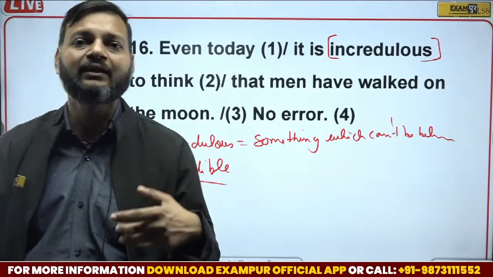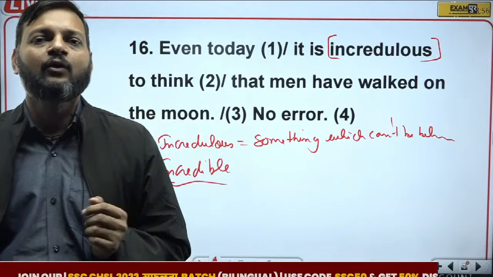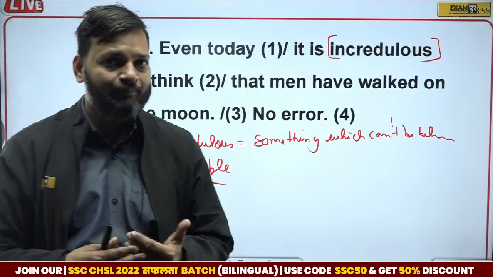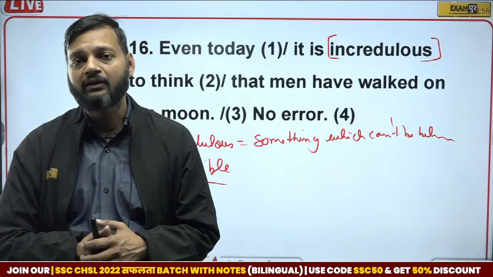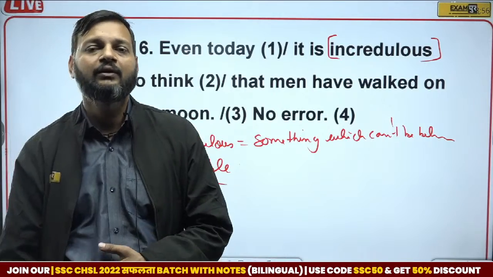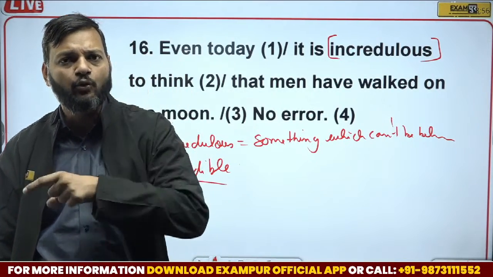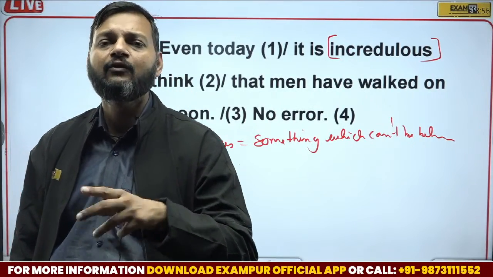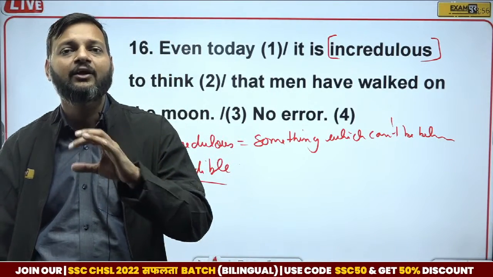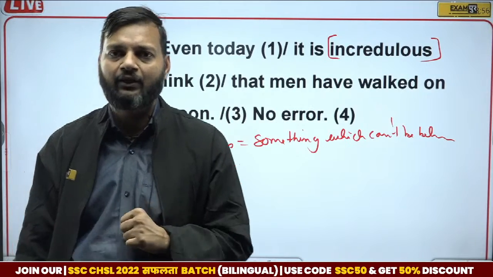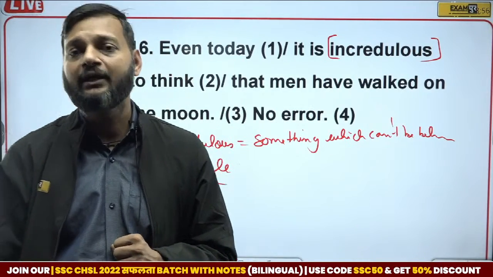But when we see something very good, like for example, if we see Taj, we say that Taj is incredible, hard to believe. So when something is true, but it's still unbelievable, we call it incredible. So incredible is positive, and incredulous is used for negative. Like we call Incredible India.